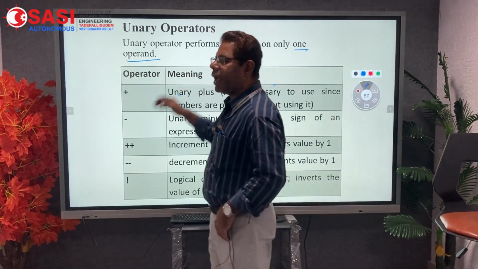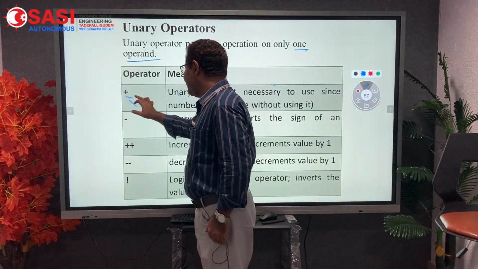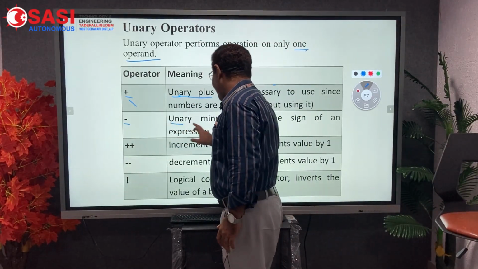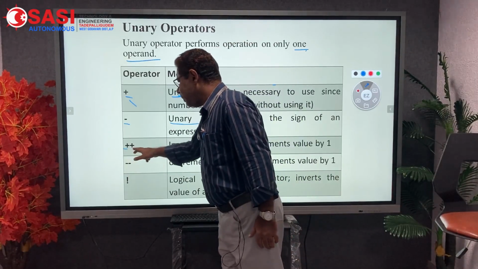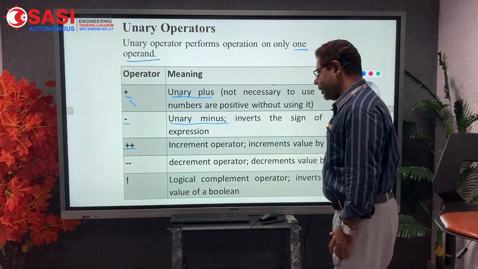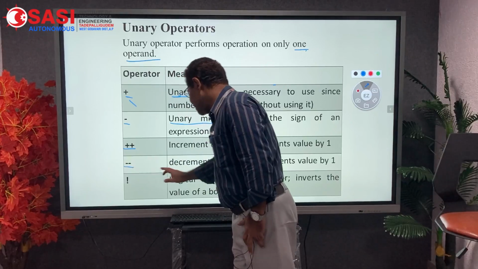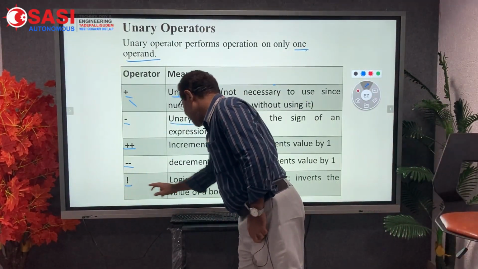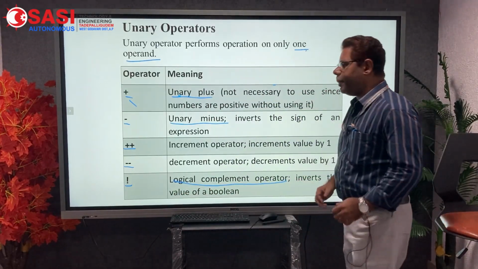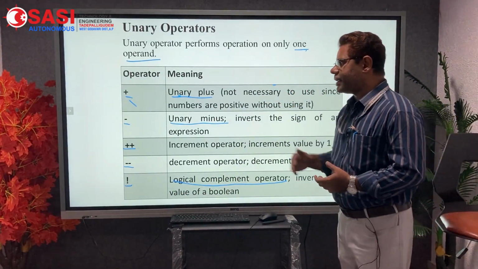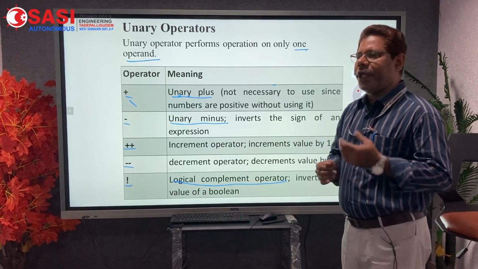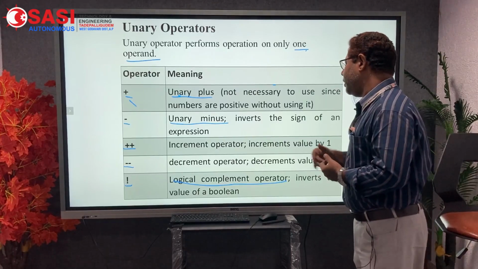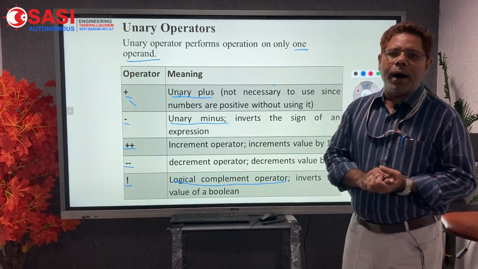So what are the unary operators? We have plus, that means the unary plus operator. Next, minus, the unary minus operator. Double plus is the increment operator. Double minus is the decrement operator. The last one is the logical complement operator. So the unary operators are unary plus, unary minus, increment operator, decrement operator, and logical complement operator.